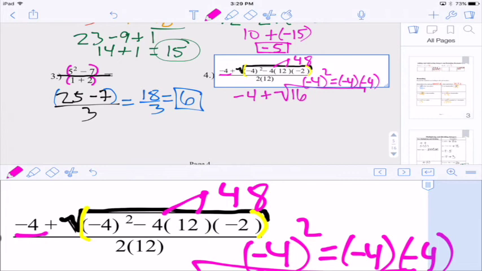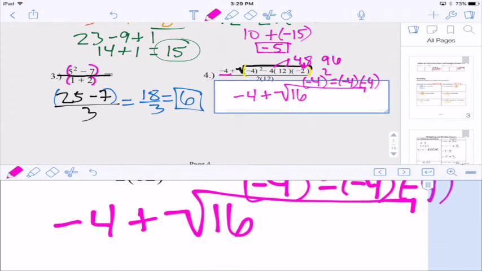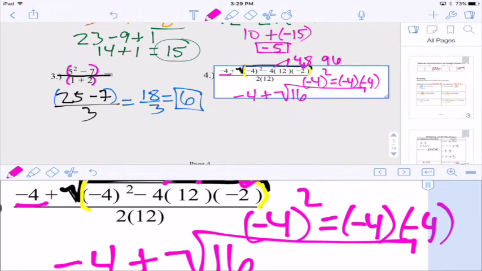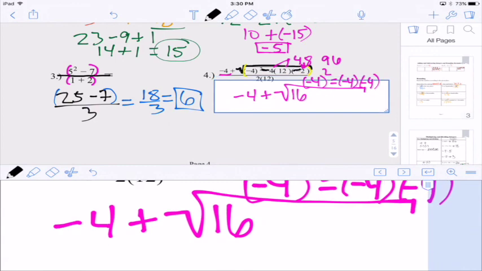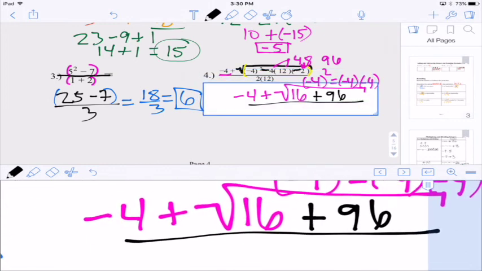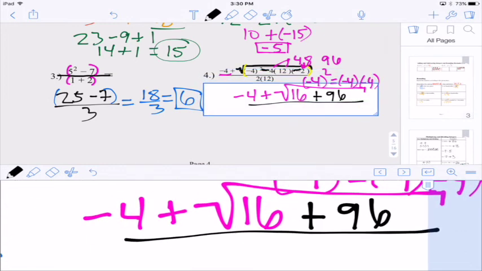And 48 times 2 is 96. So, and since it's a -2, we have a negative times another negative right here. So this is going to be 16 plus 96 all over 2 times 12, which is 24.